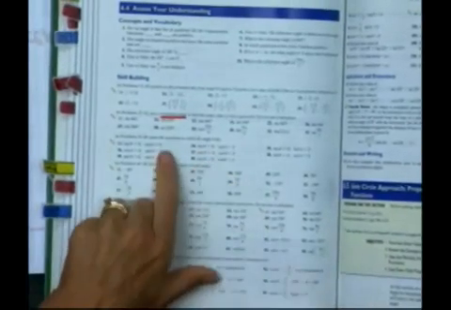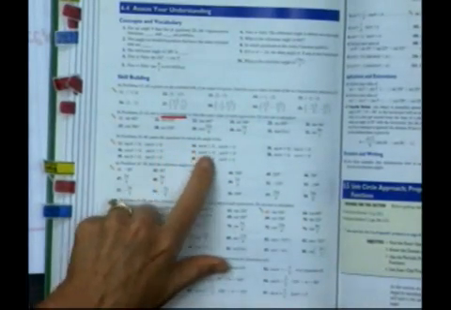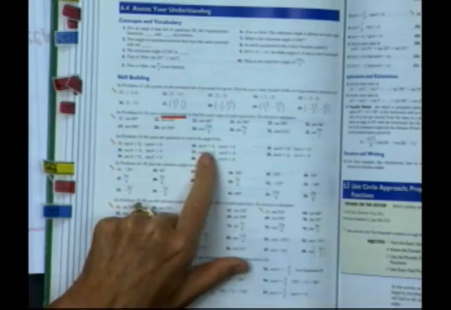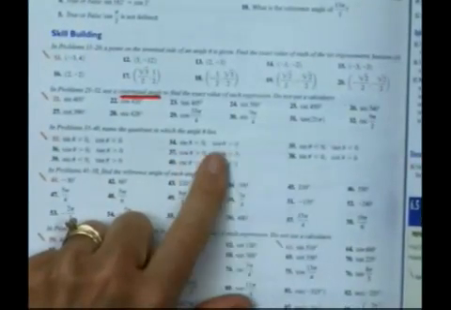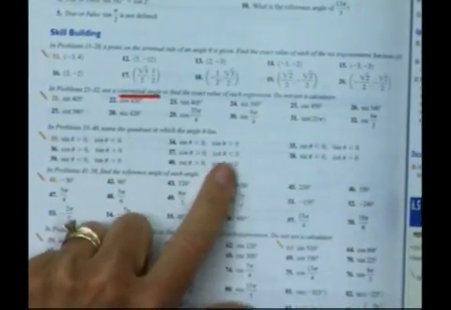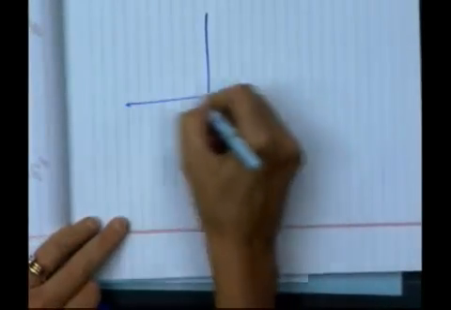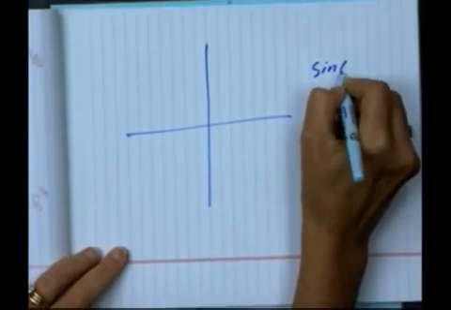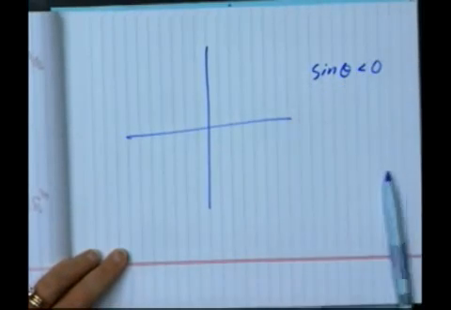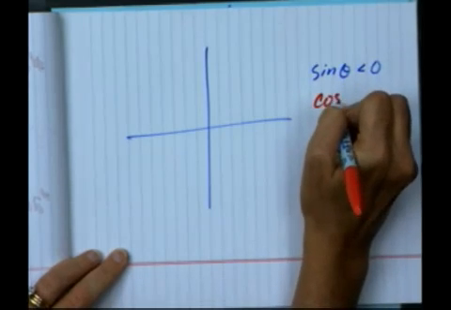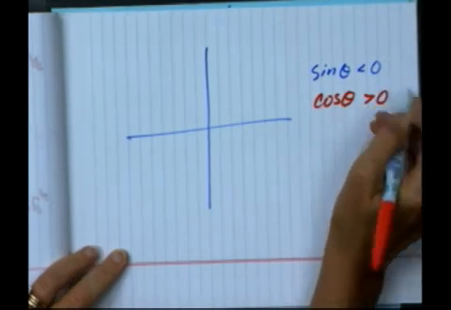All right, number 34 says, name the quadrant in which this angle theta lies. The information we have is that the sine is negative and the cosine is positive. All right, let's think about it. Sine is negative. Cosine is positive.